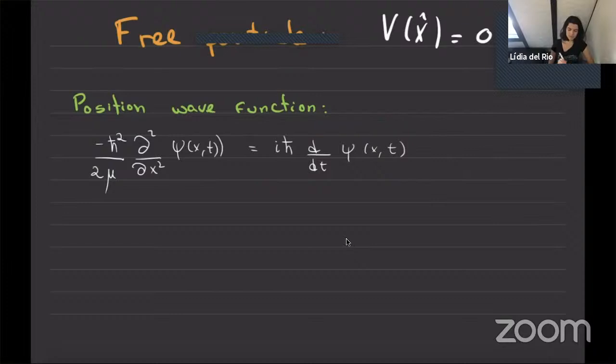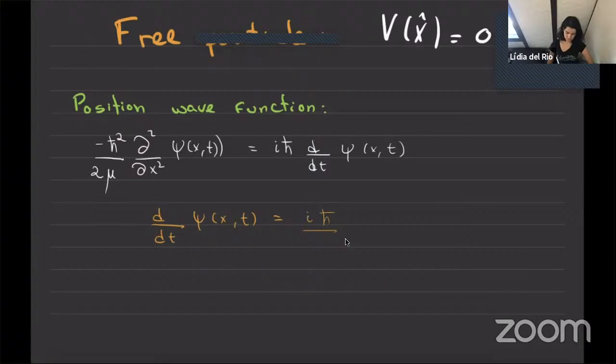And now if we simplify it by putting only the time derivative on one side, we get dt of this function that depends on the position and time is, let's see if I get this right, h bar over 2.